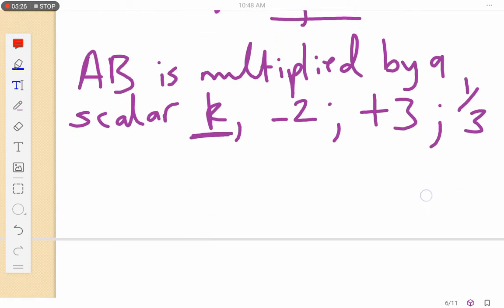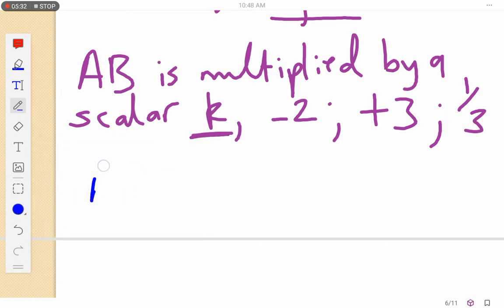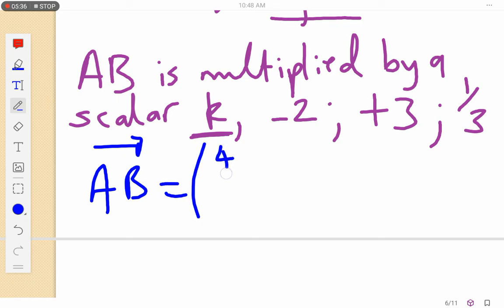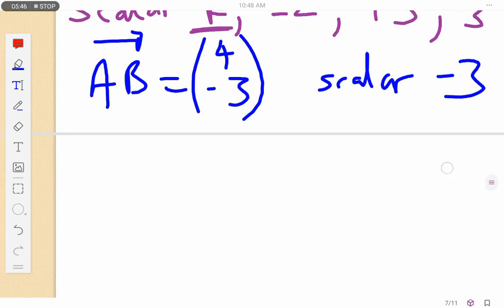Okay, let's say we have our AB, the same that we used in the magnitude. Our AB as 4, minus 3, and we have a scalar. Our scalar is -3. We want to find, what do we get?